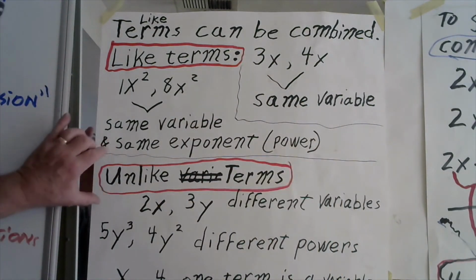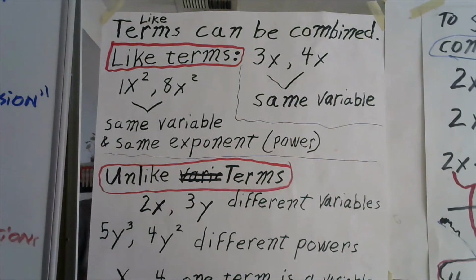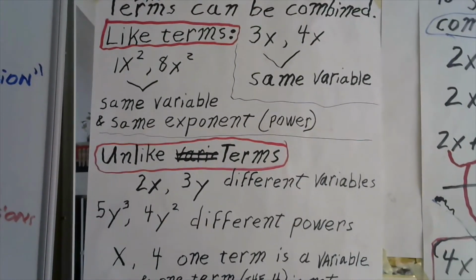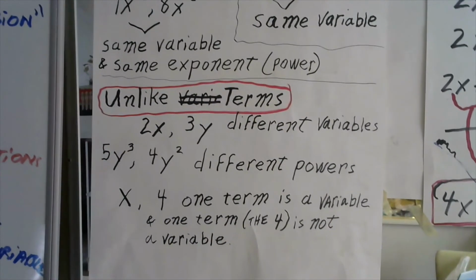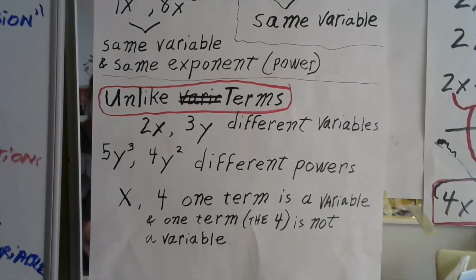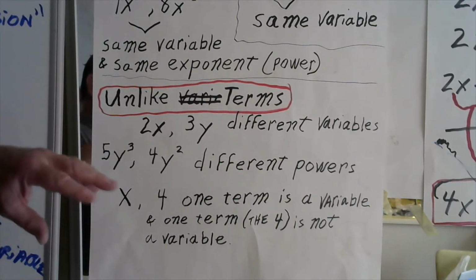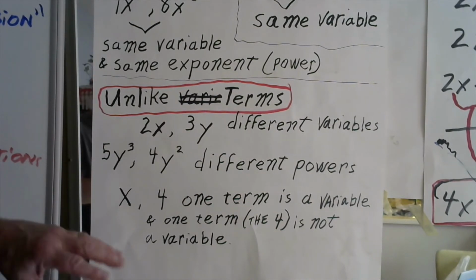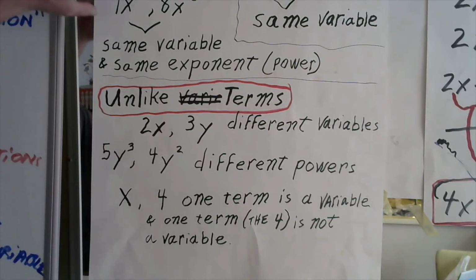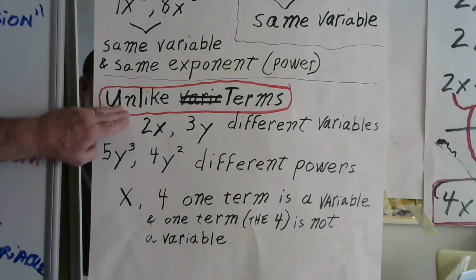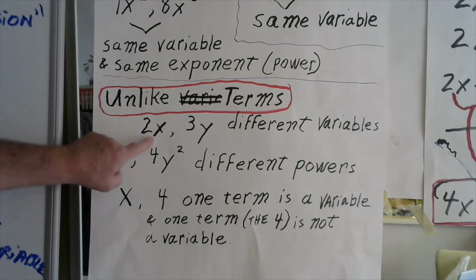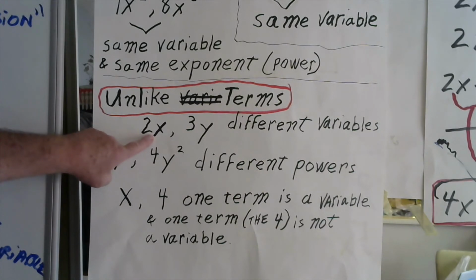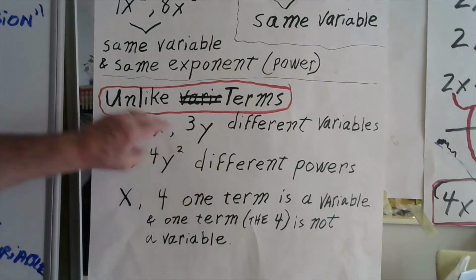Here are some examples of unlike terms. Remember that we will be simplifying algebraic expressions, and when we do that, we want to combine the like terms, but we can't combine the unlike terms. 2x and 3y are unlike terms.